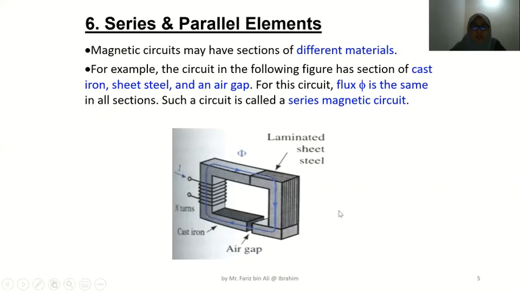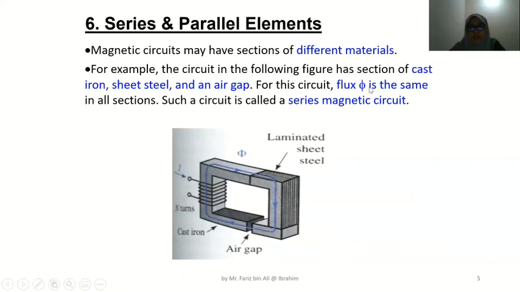If you see here, this magnetic circuit has cast iron in this section, it also has sheet steel on this part, and also has an air gap.